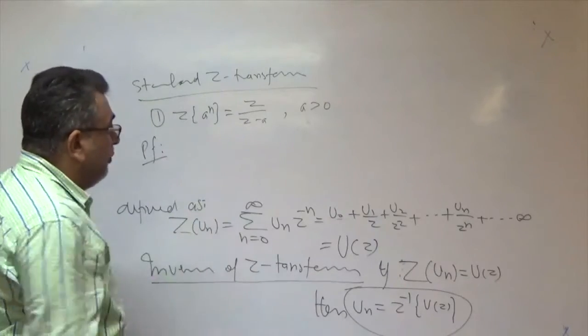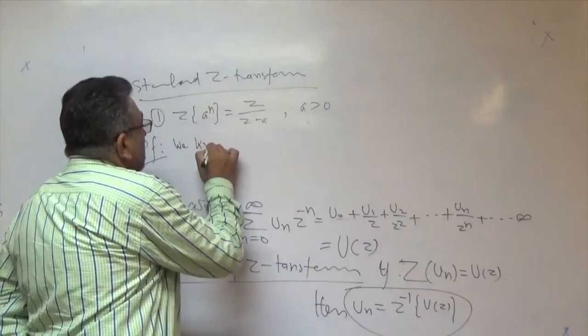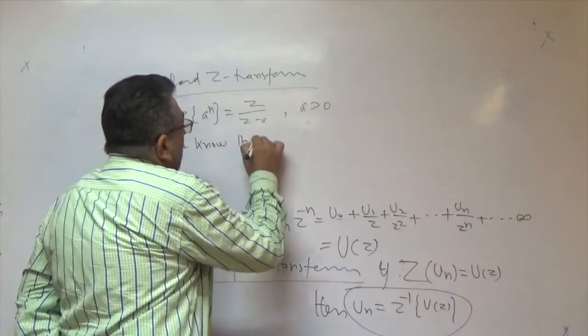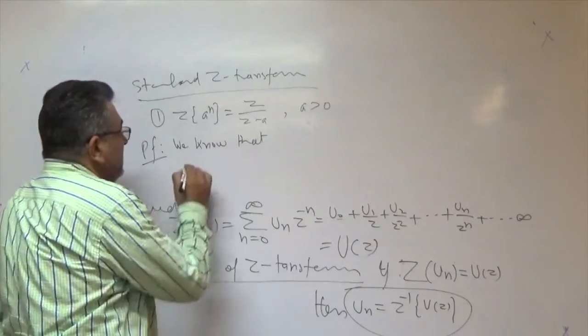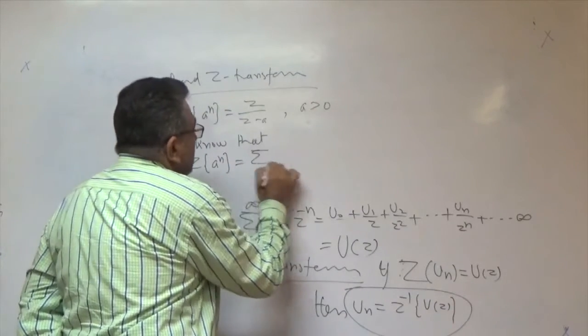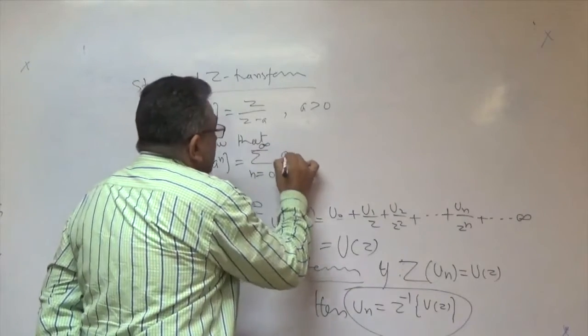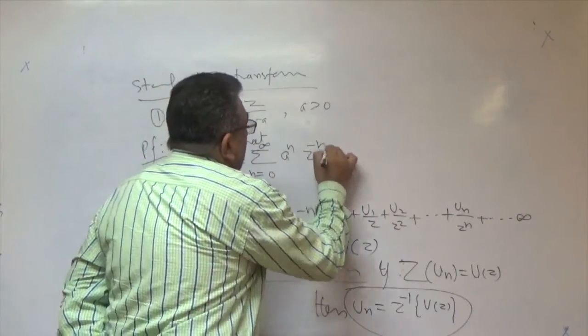First we prove it by the definition. We know that by the definition of the z transform, a to power n is a sequence. The z transform of a to power n by definition is equal to sigma n equal to 0 to infinity a to power n z to power minus n.